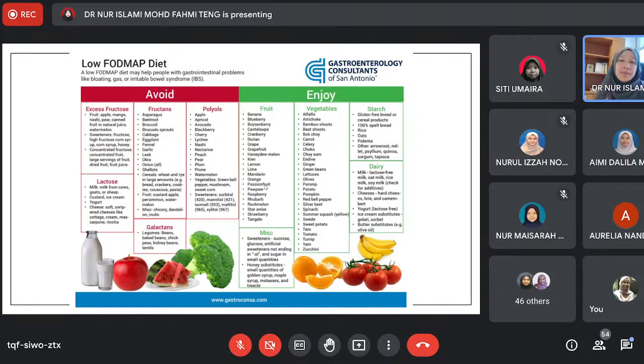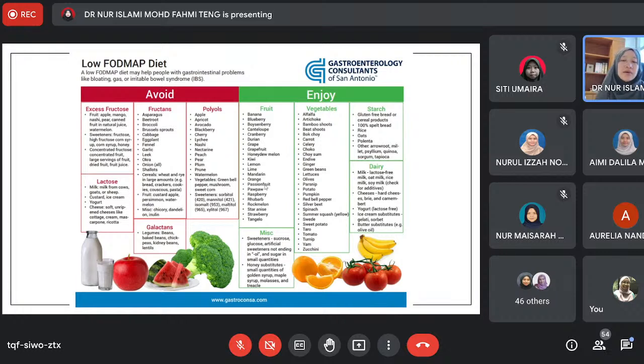So FODMAP, ni tadi saya cakap pasal FODMAP lah. So it's actually foods that contain the fermentable oligo, di and monosaccharide and polyols. This food, they are not easily digested and absorbed.